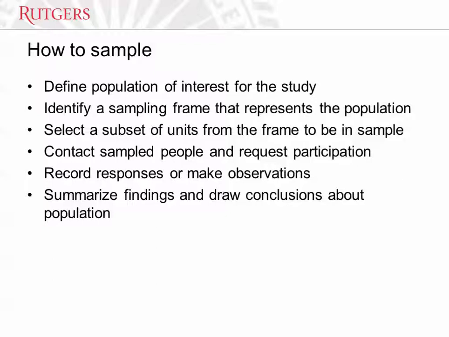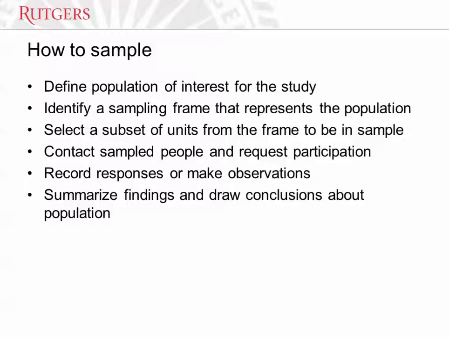Then once we have our sampling frame, we need to select the units, usually using random sampling, but maybe some other kinds of non-probability sampling. But we select a subset of units from the frame to be in our sample. Okay, but just because we select them doesn't mean they end up in the study, because of the ethics of modern research, we need to contact people, inform them about the study, and then they need to participate voluntarily.